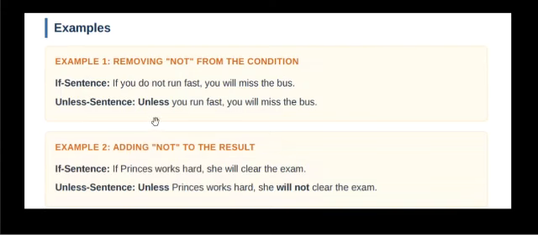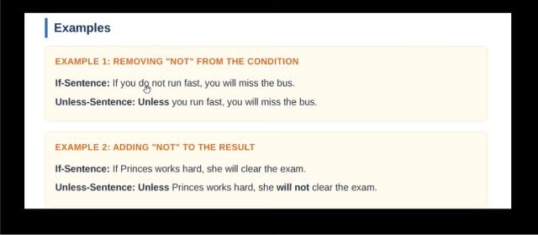Okay, now here are the actual examples. Example 1, removing "not" from the condition. If the original sentence is, "If you do not run fast, you will miss the bus." Now rewrite this sentence using those steps and that strategy that I showed you. It will be, "Unless..." First, remember we need to change this "do not", because it shows that this part is a negative.